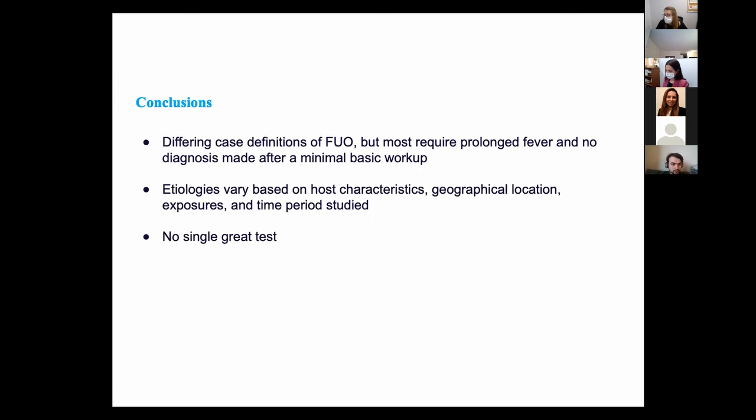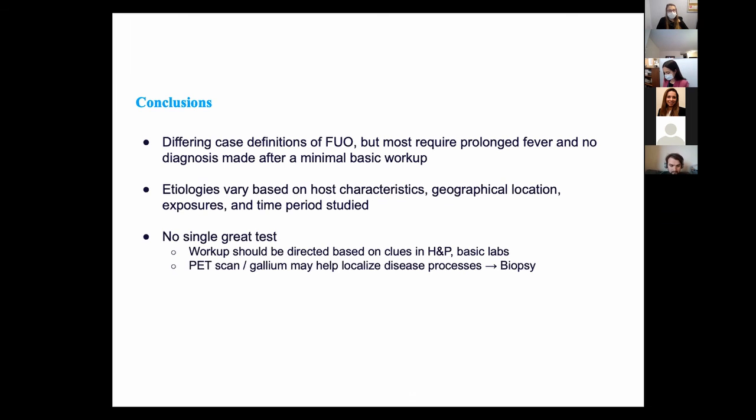There isn't one single great test, but you should direct your workup based on clues in the H&P and your basic labs. And most patients with an FUO are going to be very stable, so you can monitor them and look for the development of clues rather than just sending a host of tests at the beginning.